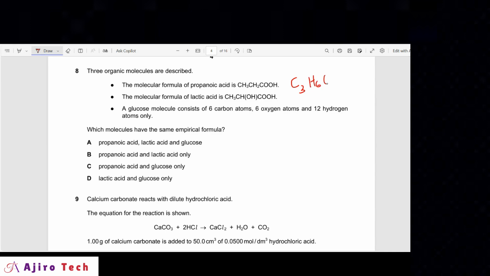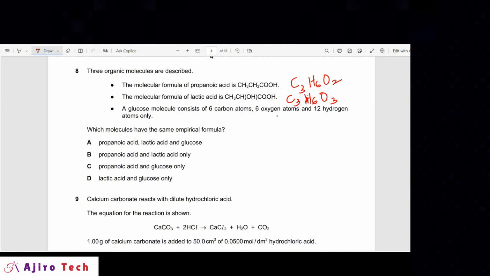And then 2 oxygens. For lactic acid, we have 3 carbon atoms again, 3 plus 1, 4, 5, 6 hydrogens, and 3 oxygen atoms.